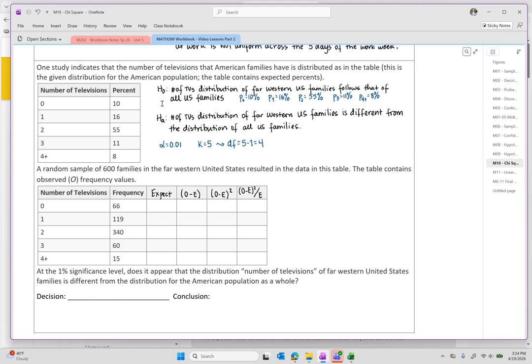To do the test manually, we need to find the Pearson residuals and add them up to find our chi-squared. So we need the expected number of counts for families in far western United States if they were following the null hypothesis, which is a distribution of all the US families, and that will be 10% of the 600, 16% of the 600, 55% of the 600, 11% of the 600, and 8% of the 600.